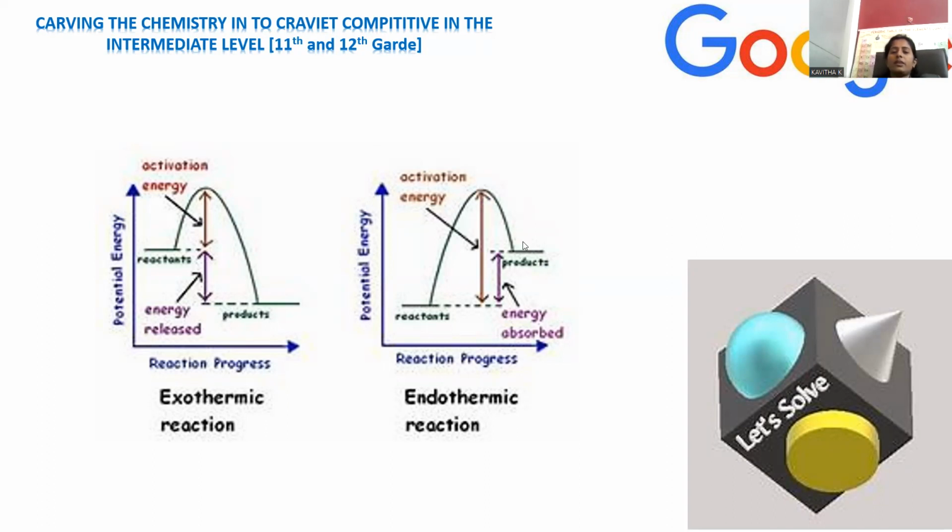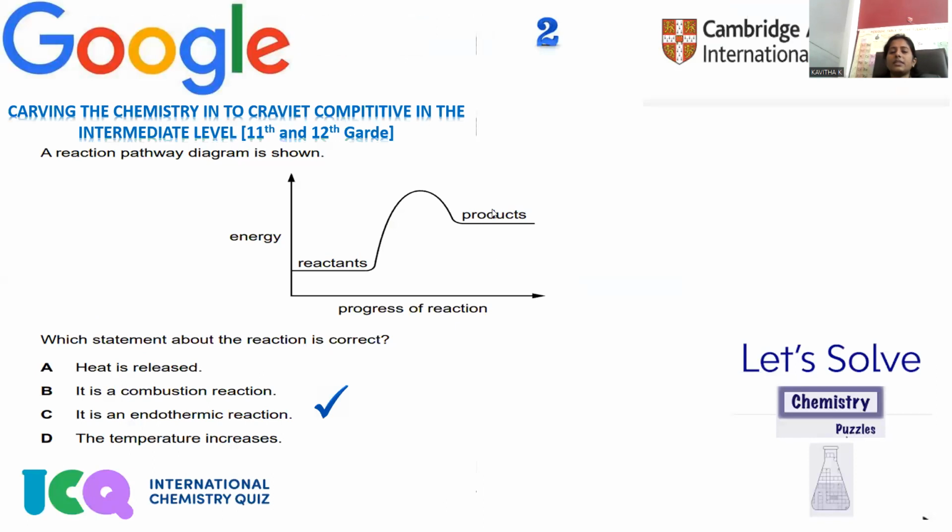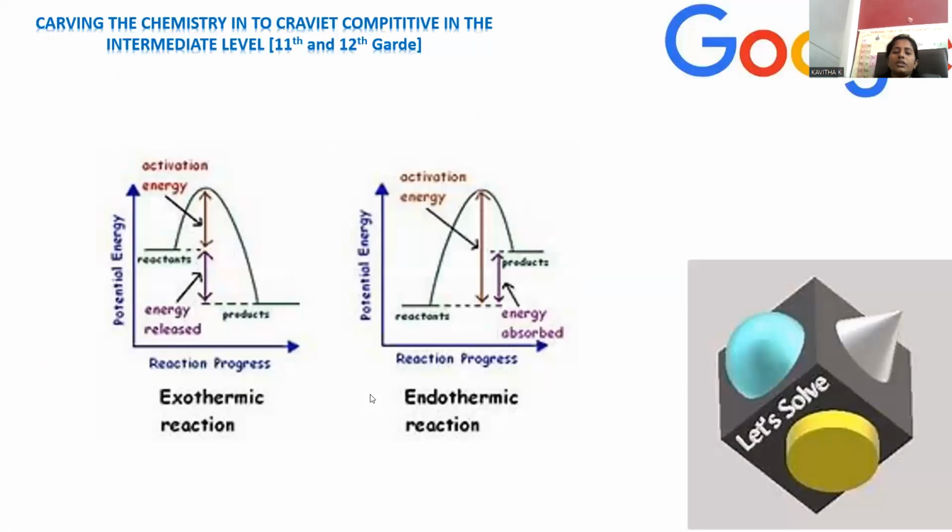After reaching this, they slowly convert into the product side. The product is of higher energy compared to reactants in the endothermic reaction. That is exactly the case we see in question number 2, so for question number 2, option C will be the correct answer. Move on to question number 3.